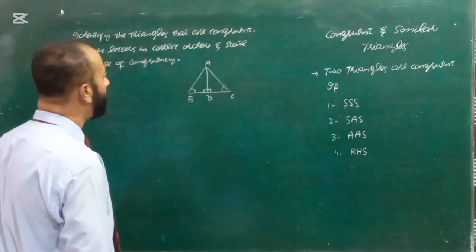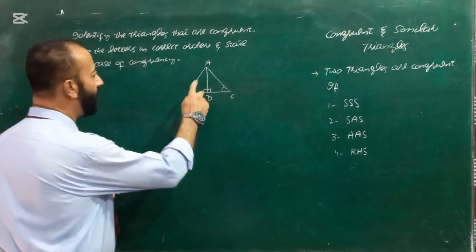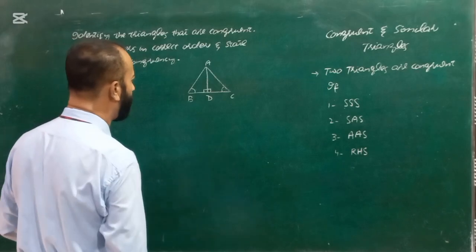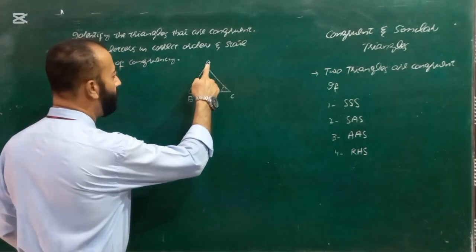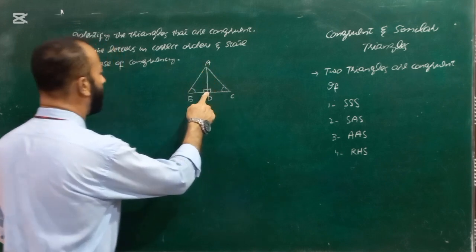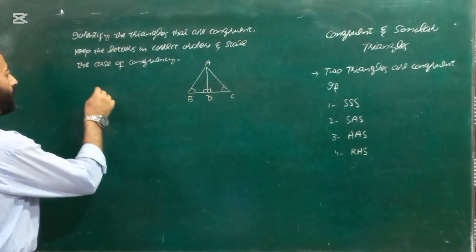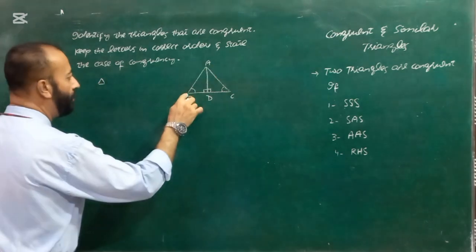Here is another figure. The statement is the same. These two triangles are again congruent. So to keep the letters in correct order, we are moving from vertex to the angle and then to the right angle. So look now, it means triangle ABC.